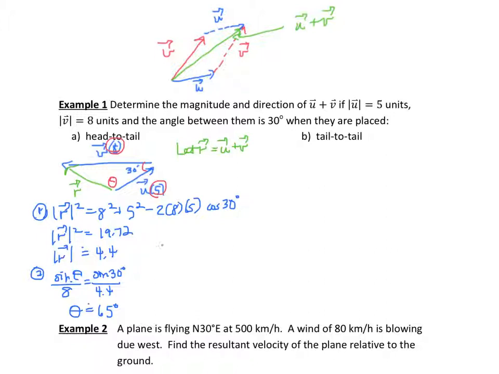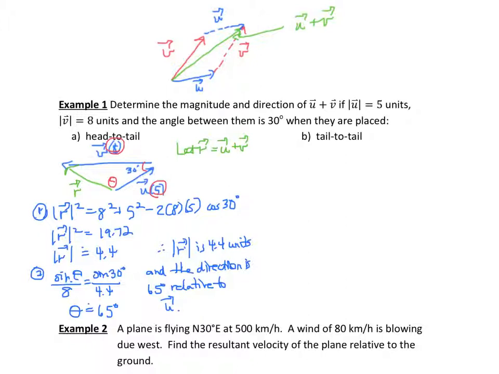So then we would say, therefore, the magnitude of the resultant vector is 4.4 units. And the direction is 65 degrees relative to vector u.